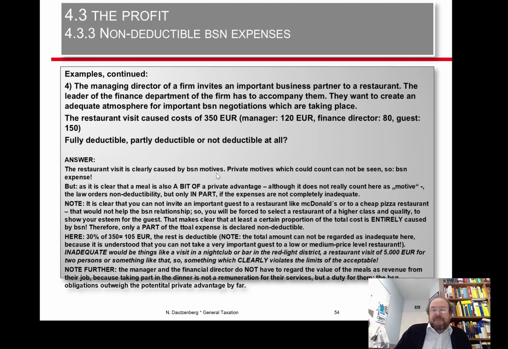So if the total amount is inadequate, the inadequate part of the amount is blocked. Now €350 for 3 important people is not wrong. Probably when you go to a nice restaurant you can spend there €40, but that is per person.